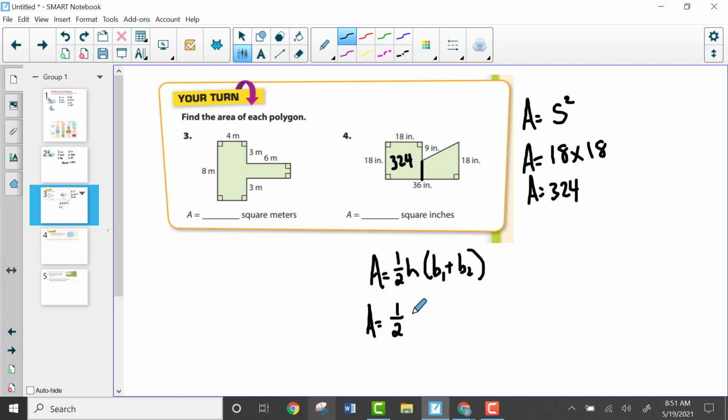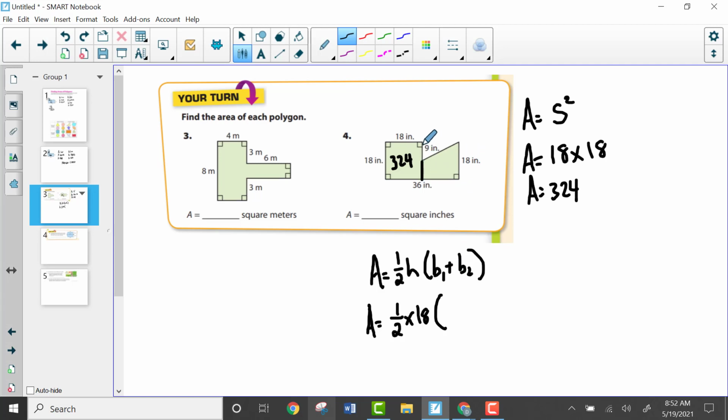All right. So 1/2 times the height, which is 18. Now we need to figure out base 1 plus base 2. So the whole entire height of our polygon here, and when you think about this polygon, we've kind of flipped it a little bit. So we can see one of the bases that we have already is 18. We got to figure out the other base, which would be right here.